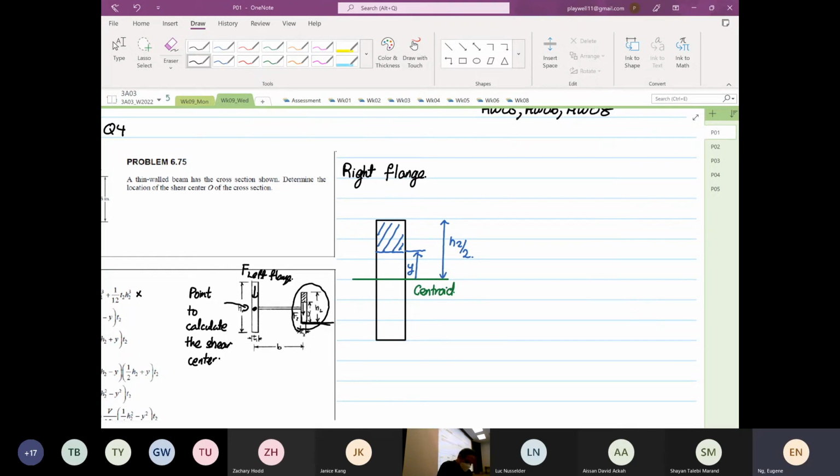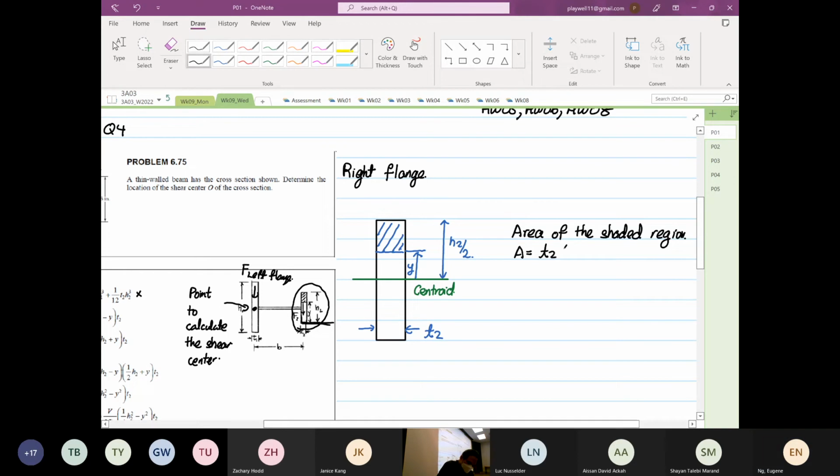So to calculate the area of the shaded region, area is equal to the thickness we are given, the thickness over here is equal to T2, multiplied by H2 over 2 minus Y.